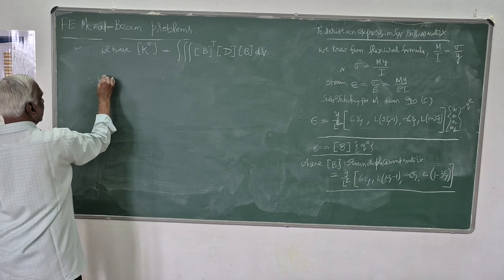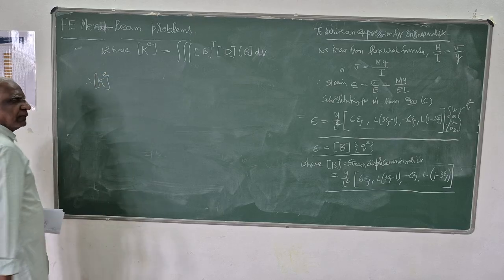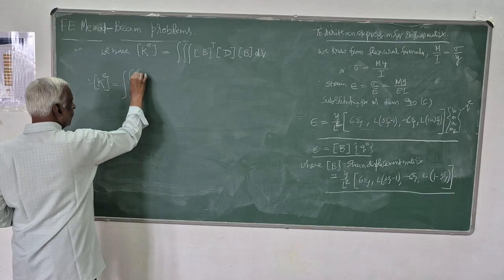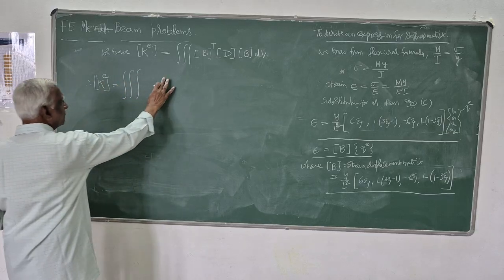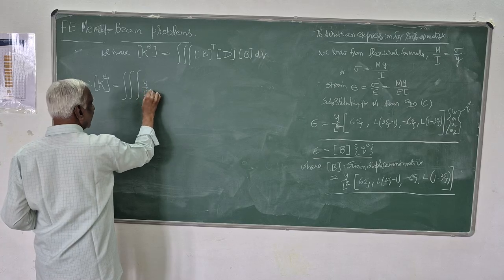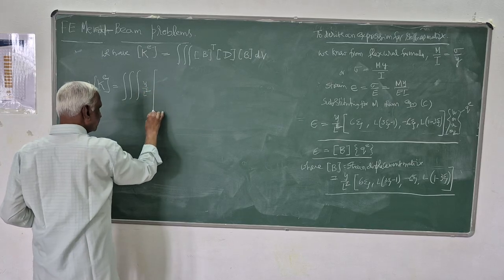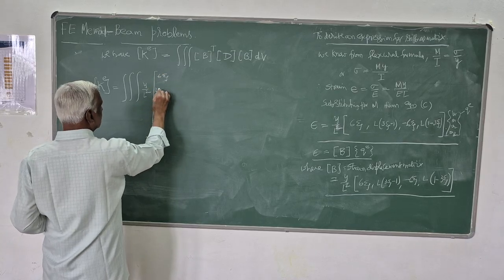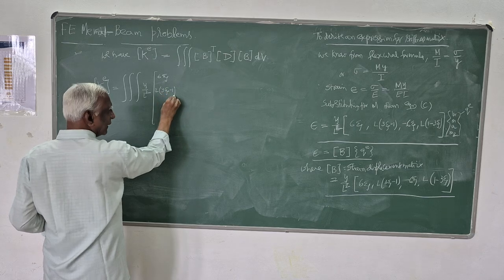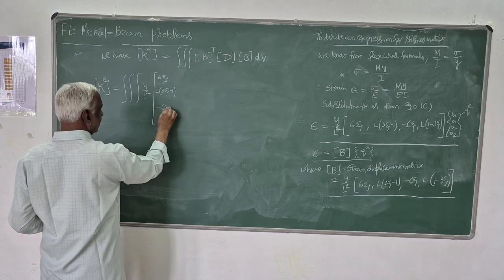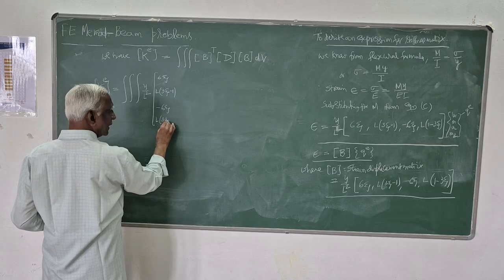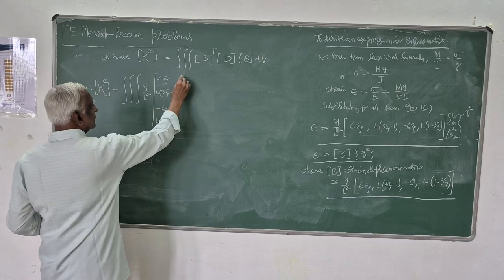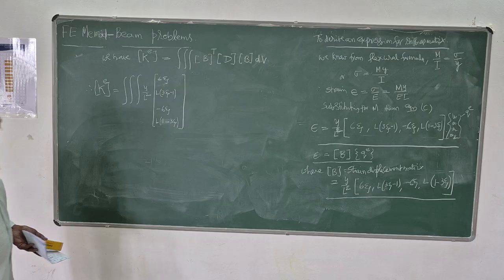Therefore, Kb, that is the beam element stiffness matrix, is nothing but this volume integral of B transpose, which is y by L square into 6ξ, L(3ξ minus 1), minus 6ξ, L(1 minus 3ξ). This is the transpose.